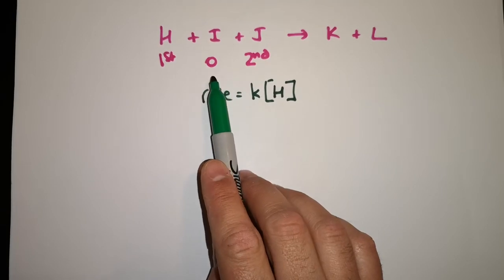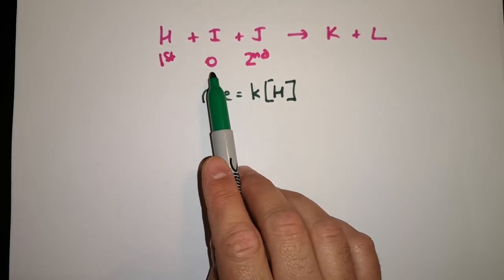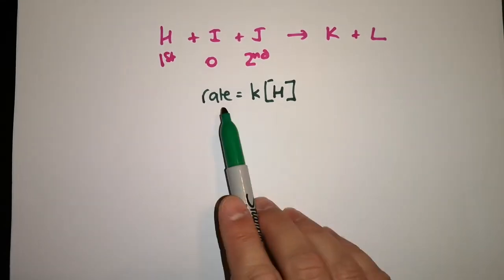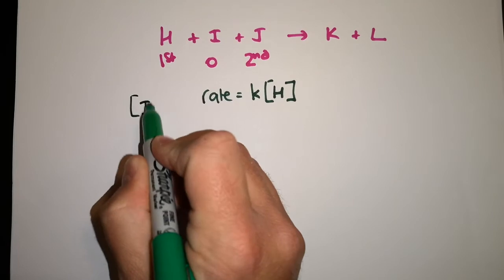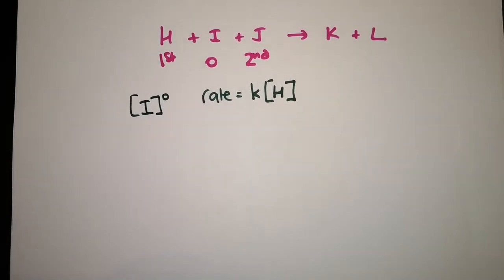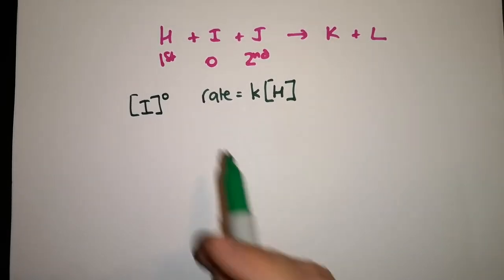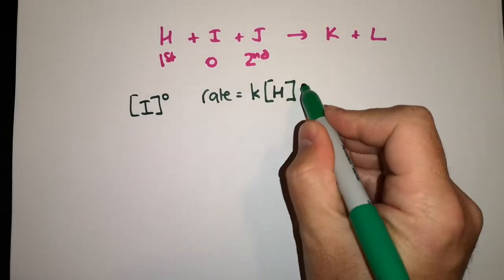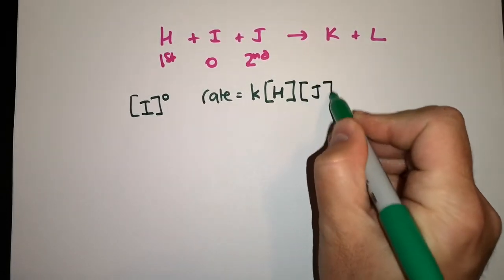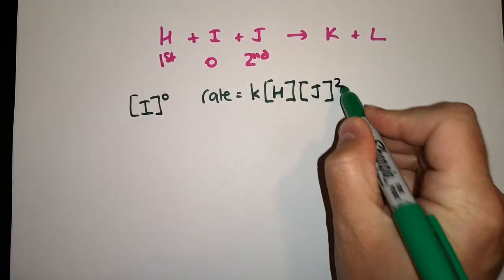Now anything raised to the power 0 is just 1. So if something's zero order, it doesn't actually appear in the rate equation. We don't have to write it, because if I wrote I to the power 0, actually what I'm doing is just multiplying everything by 1. So I can skip the I, go to my J, that's second order, so I'll raise that to the power 2.